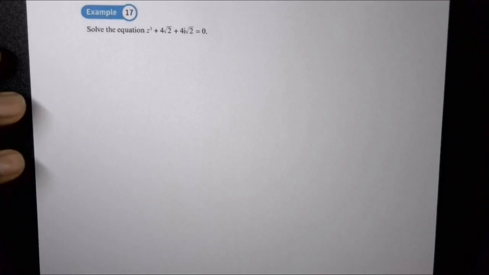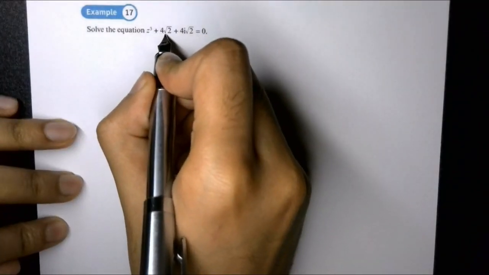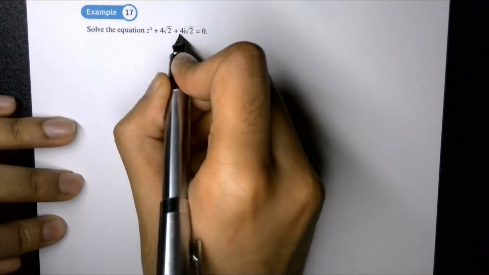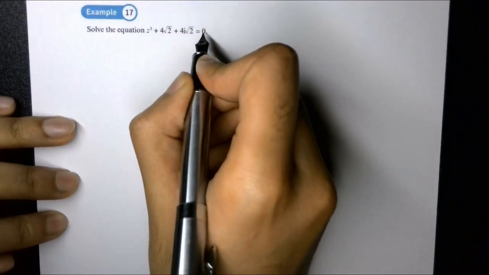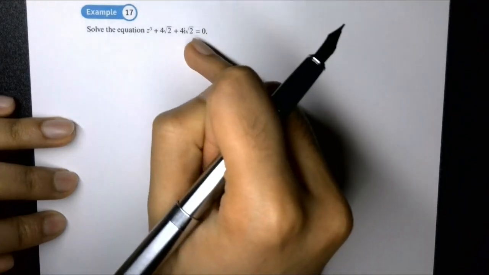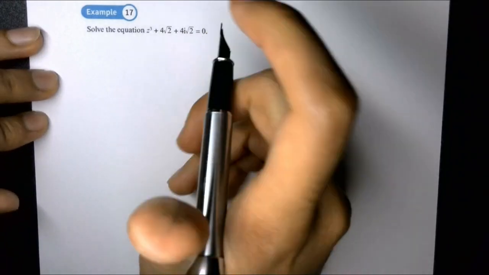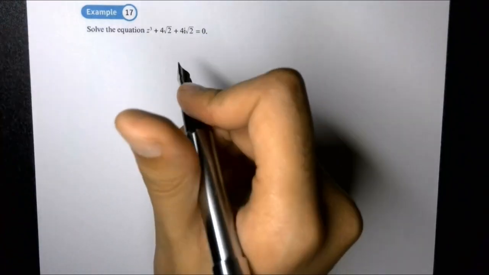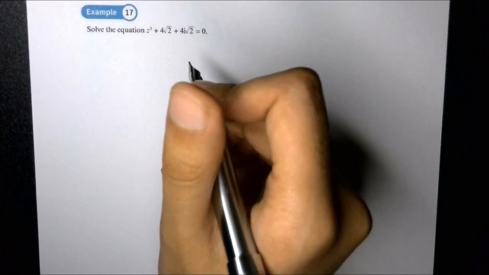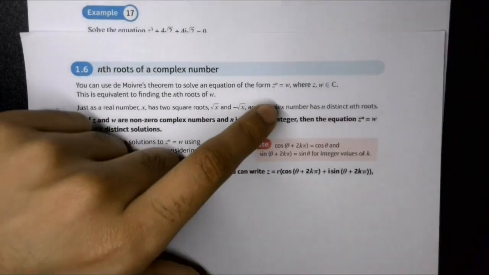Example number 17, we have to solve the equation z cubed plus 4 lots of root 2 plus 4i lots of root 2 equals 0. Now, to approach this question, we want z cubed equals something, because then we can use the methods we've met earlier to help us solve the equation. That's in line with what we said over here.